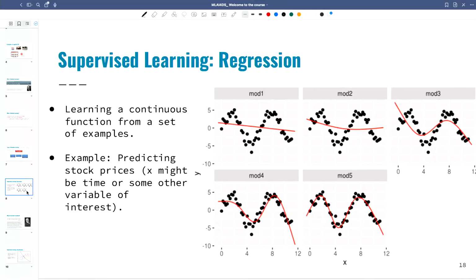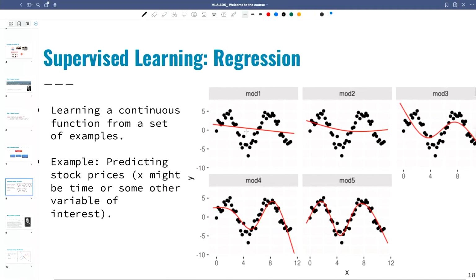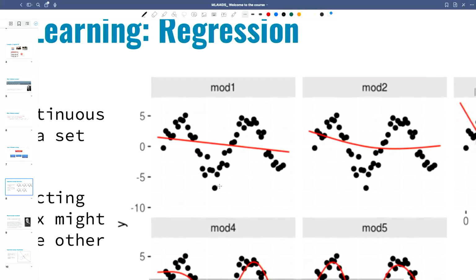Supervised learning, regression. I think you must feel better now. As I said, regression is supervised, and it's about learning a continuous function from a set of examples. Here, what are our examples? Each of these black dots is an example. It's a data point.